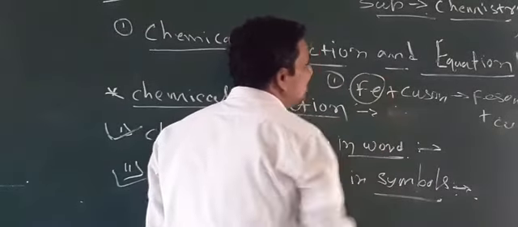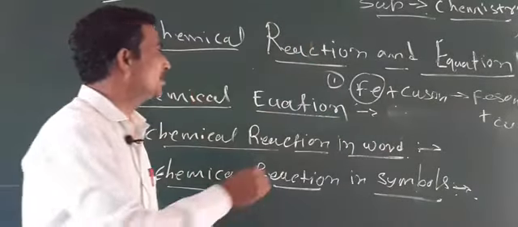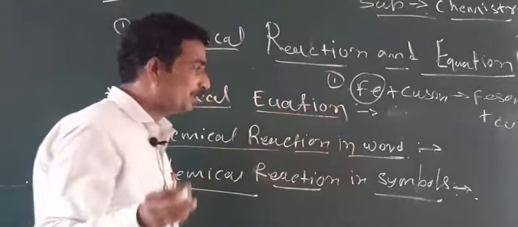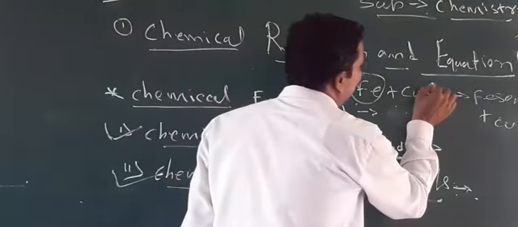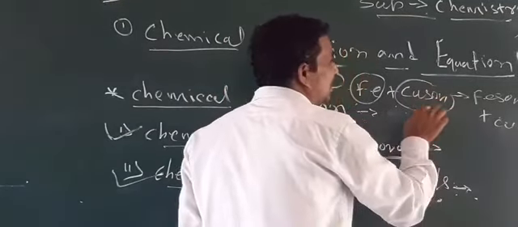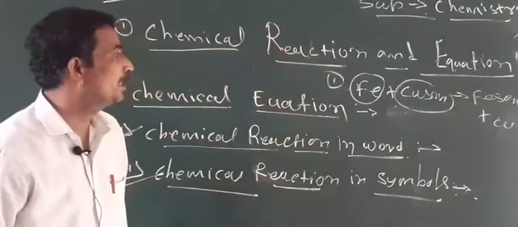Fe means what we call iron. Another is CuSO4. In CuSO4, copper is there, sulfur is there, oxygen is there.